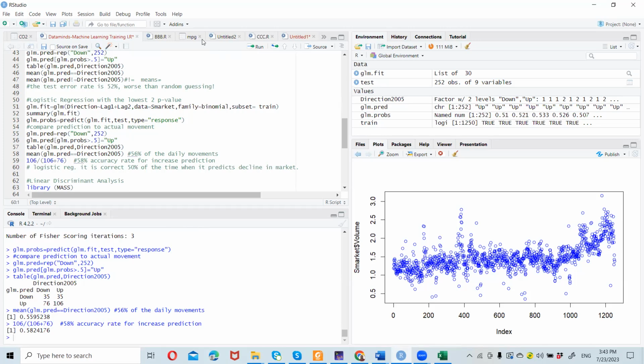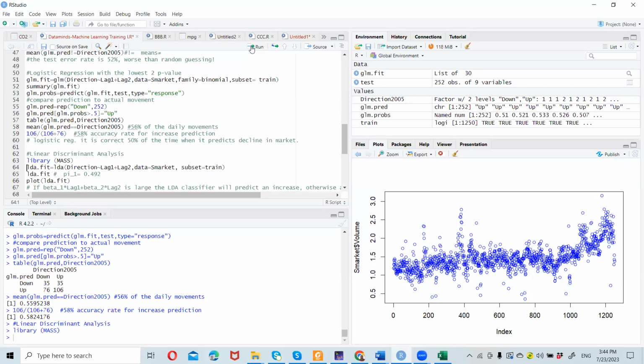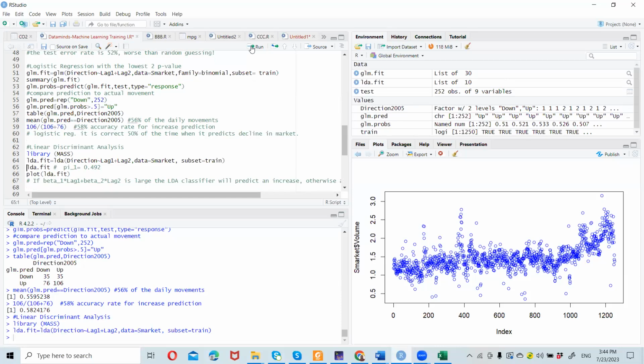And that takes us to discriminant analysis. To do that, we need library MASS. I hope we'll try not to exceed the set time, 9 o'clock. Now we use library MASS, then we fit. In this case, we are going to be using LDA.